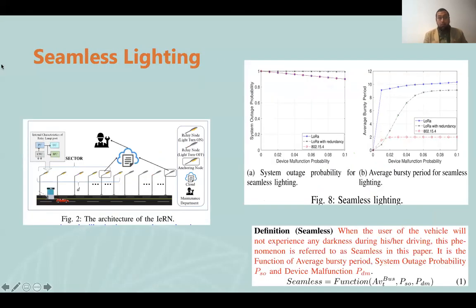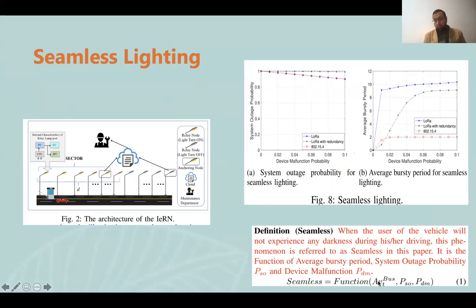Finally, we also analyzed the seamless lighting concept. Seamless means there will be no hassle while the driver is driving; he doesn't want to experience that there is no light in the street. That depends on the malfunction of the light.